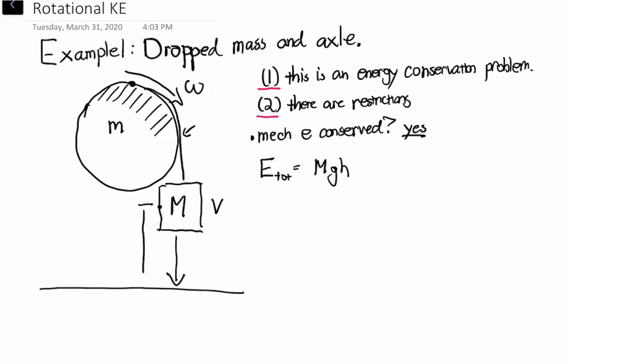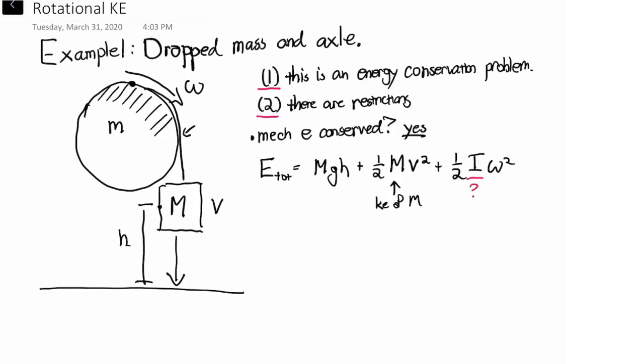where I'll call this some height h, right, plus 1/2 m v squared. Okay, so this is the kinetic energy of this mass plus 1/2 I omega squared. Okay, so now we have the next problem, which is what is this moment of inertia?